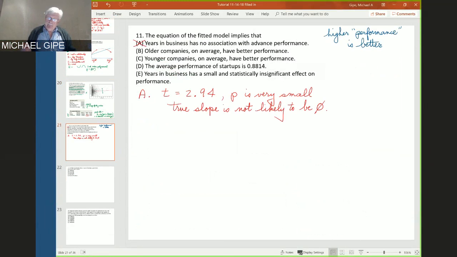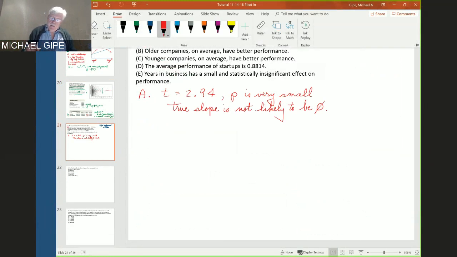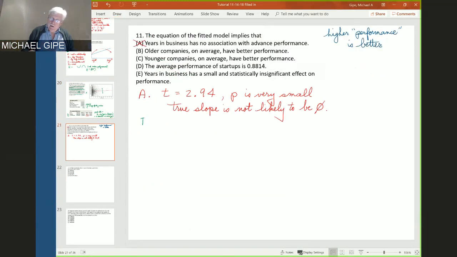Okay, how about B? Does the model say or imply that older companies on average have better performance? Well, remember the model says performance is equal to some constant plus the slope times the age. And we have a positive slope.